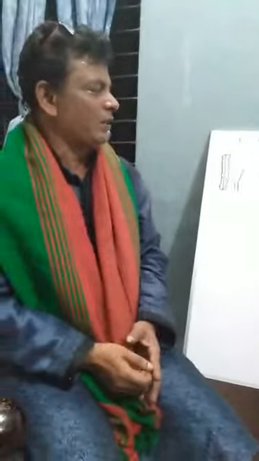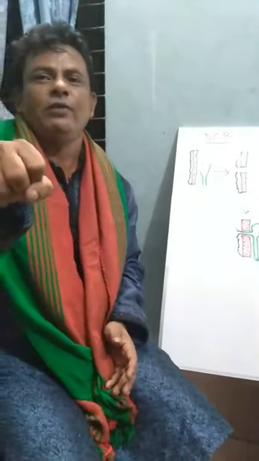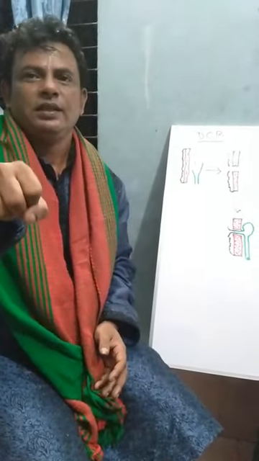Now, what are the causes of proptosis? Very, very important. Proptosis is forward bulging of the eyeball. So any extra accumulation in the orbit pushes the eyeball, resulting in proptosis.